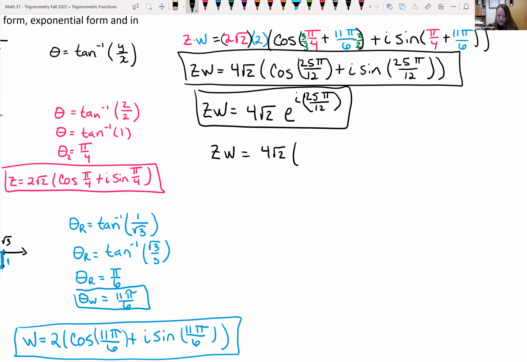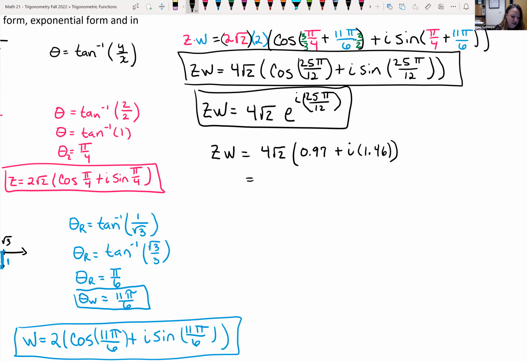Okay, so plugging that into my calculator, cosine of 25 pi 12ths I get is approximately 0.96 or 97, plus i, plugging in sine of 25 pi 12ths into my calculator, I get approximately 0.26.